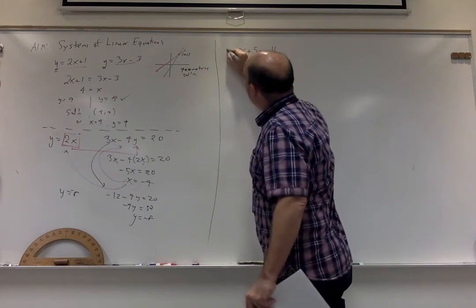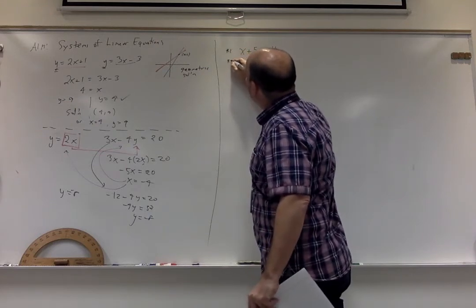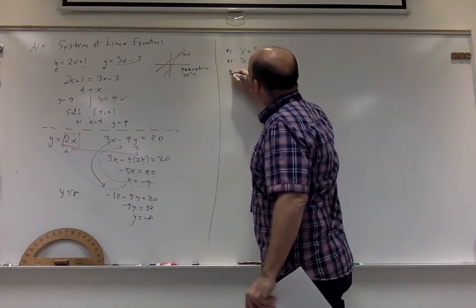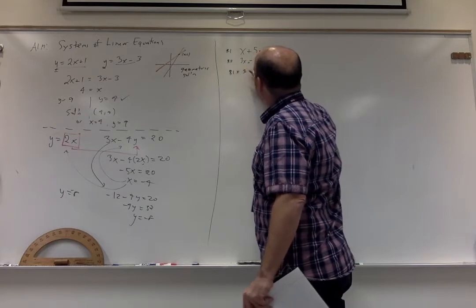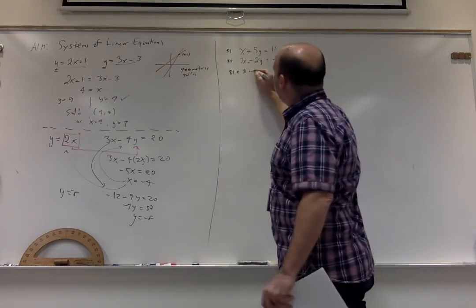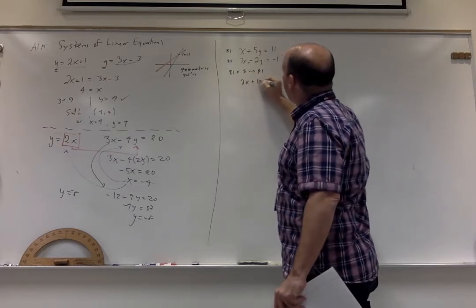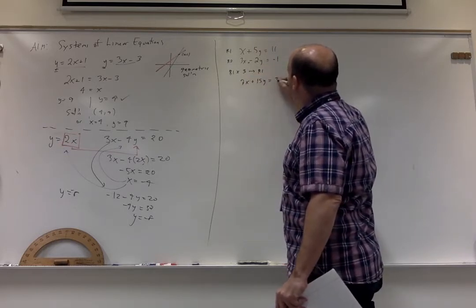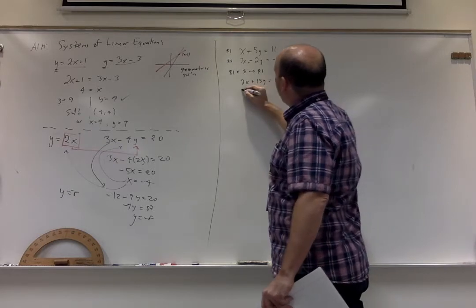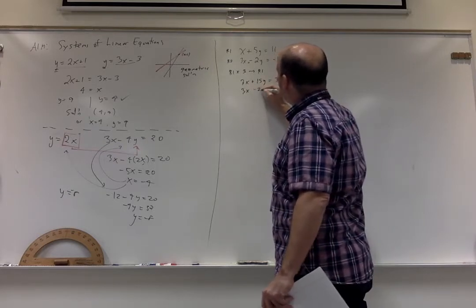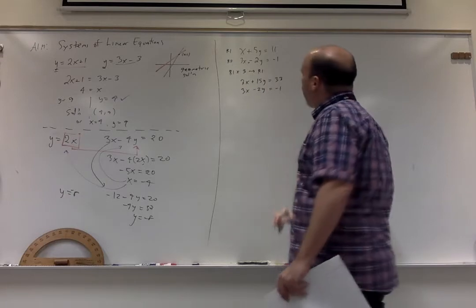If I call these rows, I'm going to multiply the first row by 3 to give me my new first row. So I have 3x plus 15y equals 33. And then I have 3x minus 2y equals negative 1.